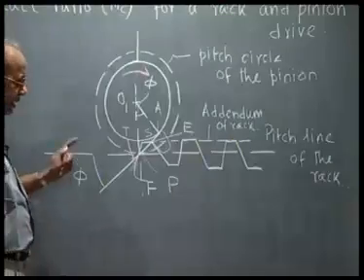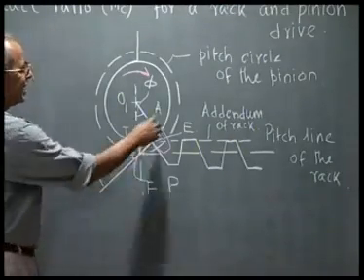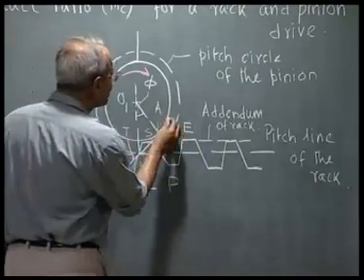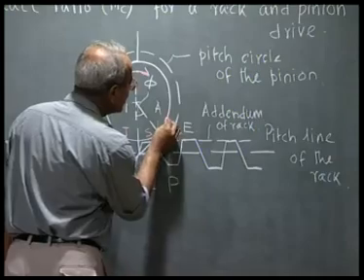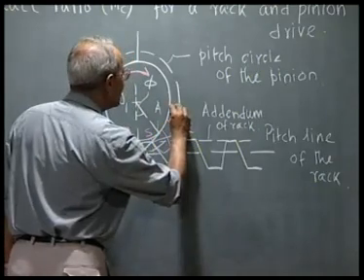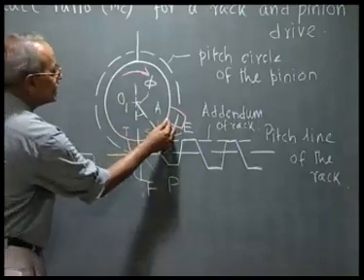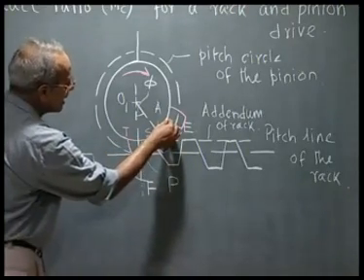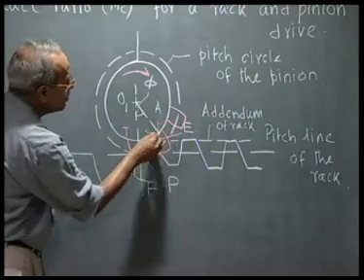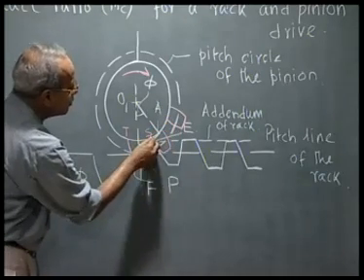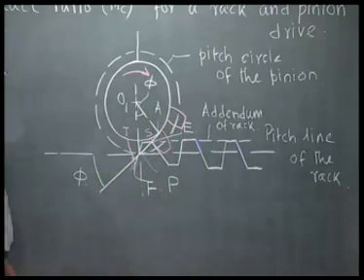Now to ensure that the teeth remain in contact, the next tooth, that is the adjacent tooth on this gear, this point must move beyond S such that this tooth comes in contact with the next tooth.